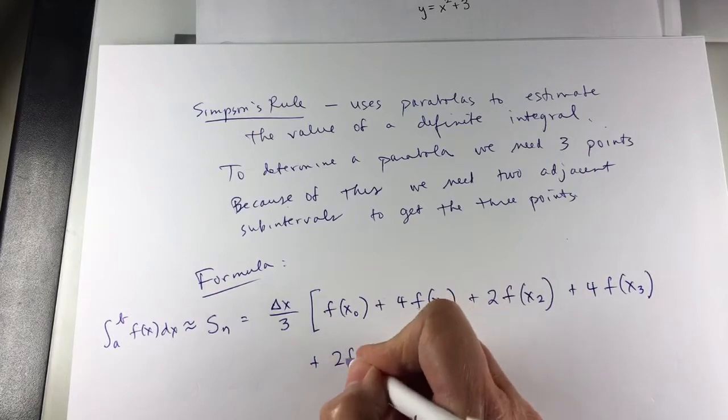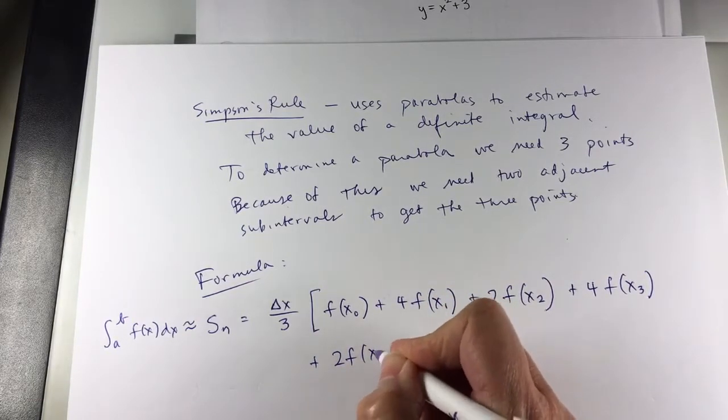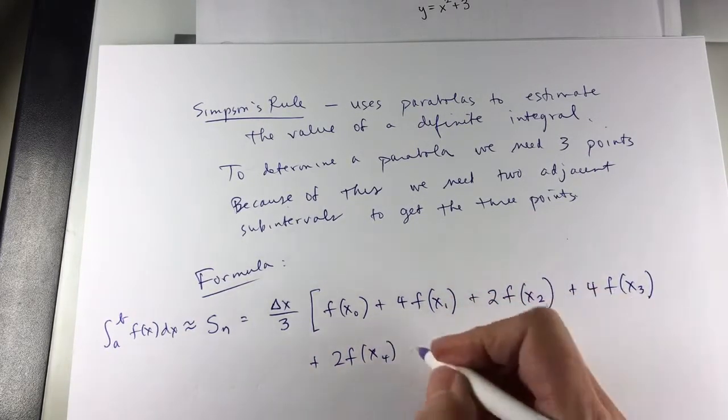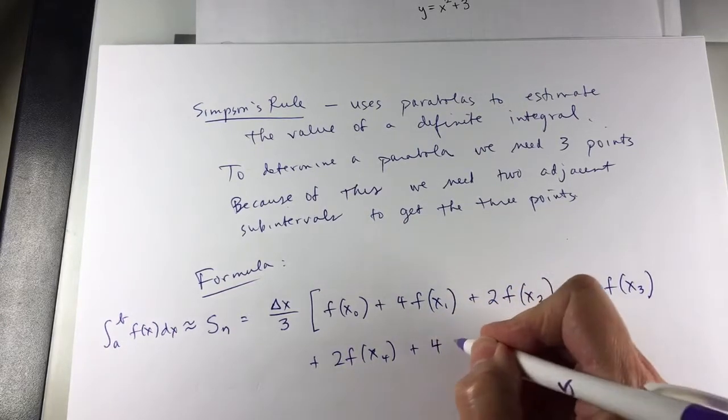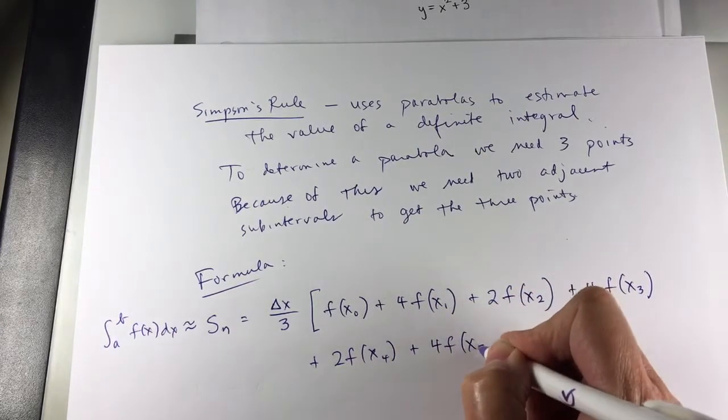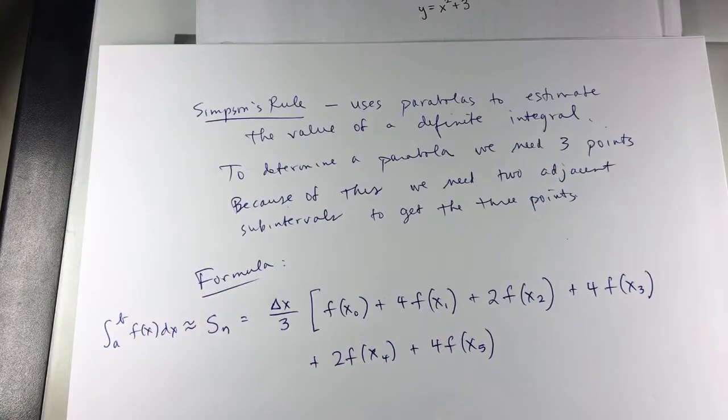plus 2 times f at the next x value, which would be x sub 4 in this case, plus 4 times f at x sub 5. The 4 and the 2 are going to alternate.